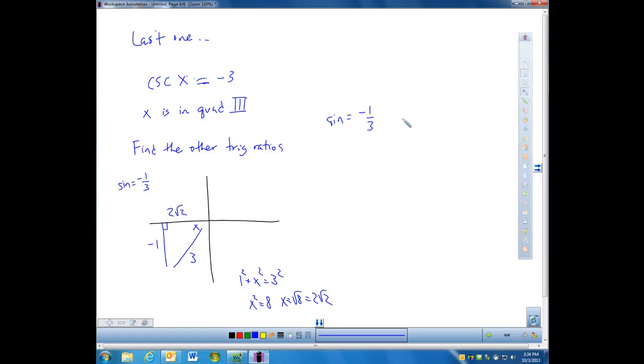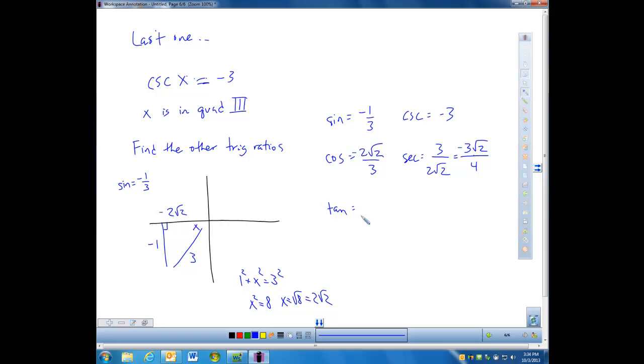Now, I want you to notice that I've made a mistake, so please correct this. That adjacent side, 2 radical 2, should really be negative 2 radical 2. So my cosine should be negative 2 radical 2 over 3. My secant should be negative 3 radical 2 over 4.